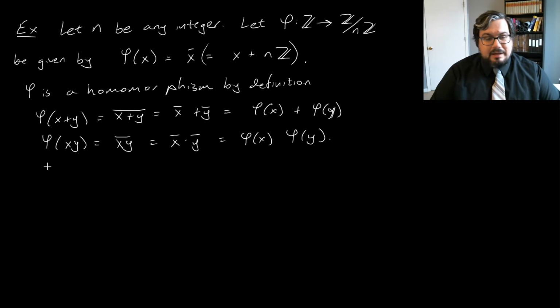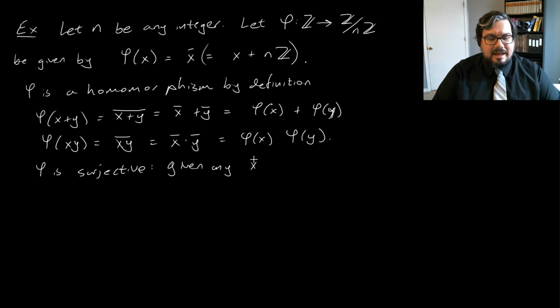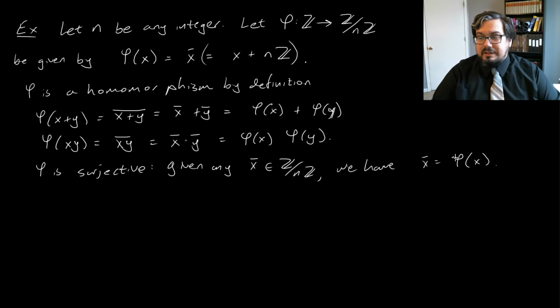Now, phi is certainly surjective, since given any x bar in Z mod nZ, we have that x bar is equal to phi of x. So phi is certainly surjective.